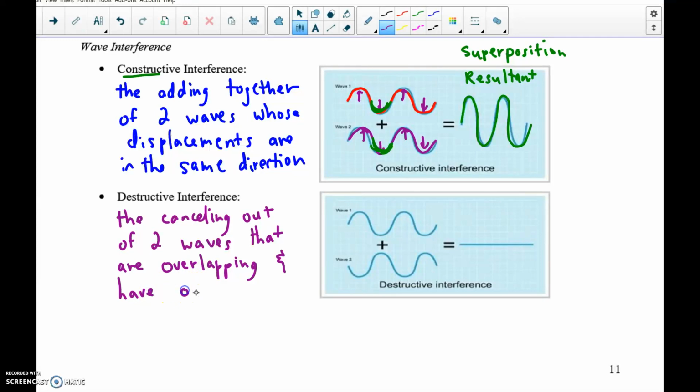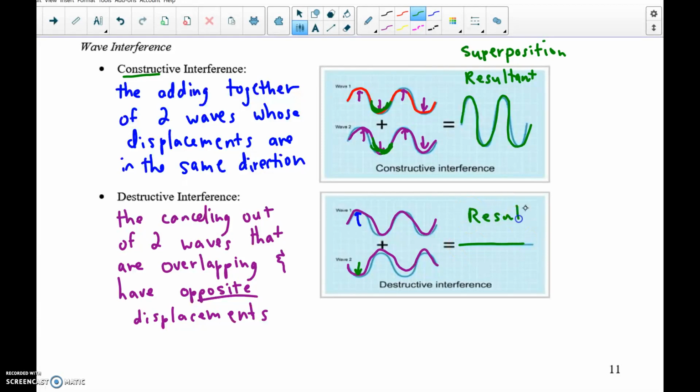And they have opposite displacements. One is positive, one is negative. So for example, this top wave and this bottom wave are perfect mirror images. So the positive displacement here adds with the negative displacement here, and they cancel out. They destroy each other. So the resultant is a flat line.